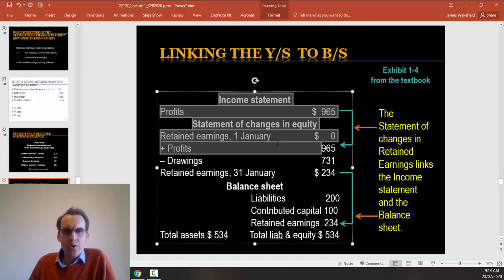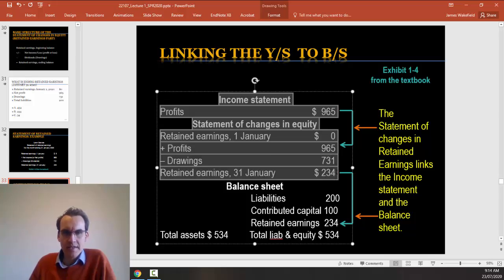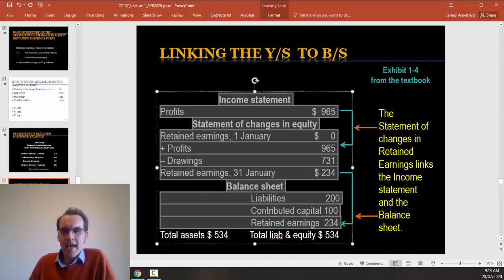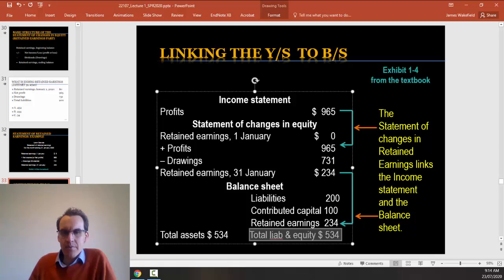We then look at the Statement of Changes in Equity over time, taking into account not only the profits, but also the drawings, giving us our ending retained earnings. Those ending retained earnings are included as part of the equity section in the balance sheet, so the retained earnings section, to give us our correct total liabilities and equity, which matches our total assets.